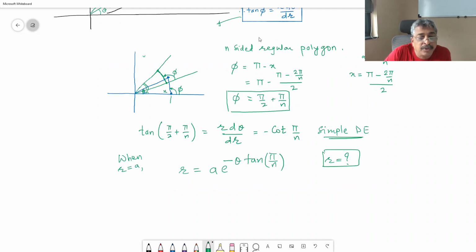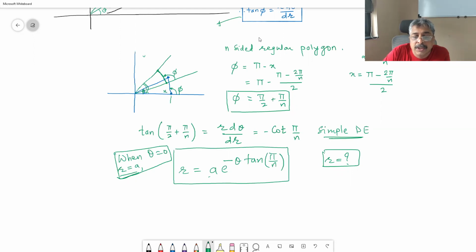When theta is equal to 0, r is equal to a. That is the initial condition which will be helpful to you to evaluate the integration constant, and your curve is going to follow this. Now if it is pi by 4, tan pi by 4 is 1, therefore we end up getting this equation for the square.